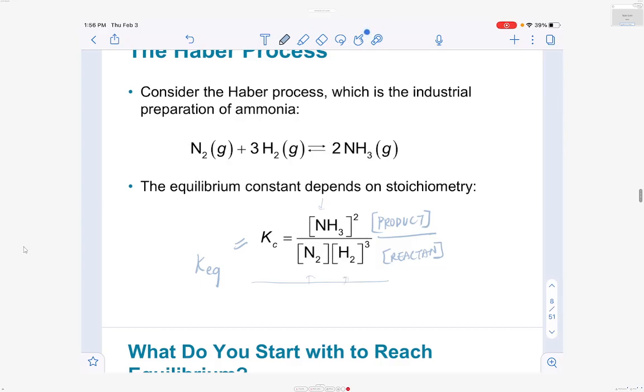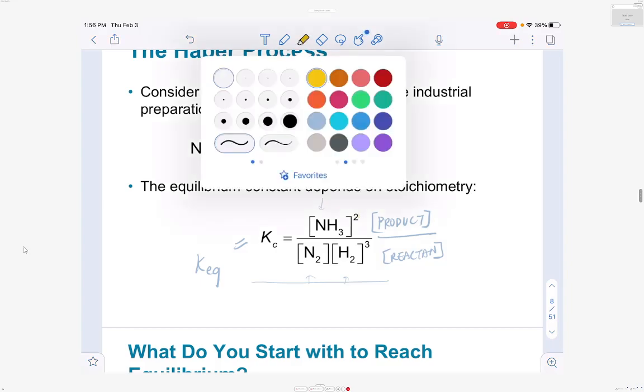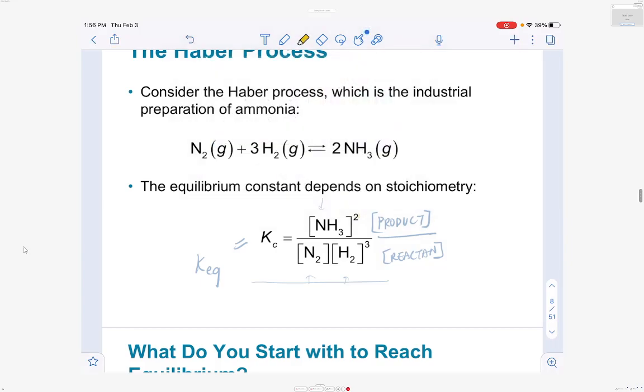Now you have to pay special attention to the powers. The powers for the product concentration and reactant concentration are going to be equal to their coefficients in the balanced equation.